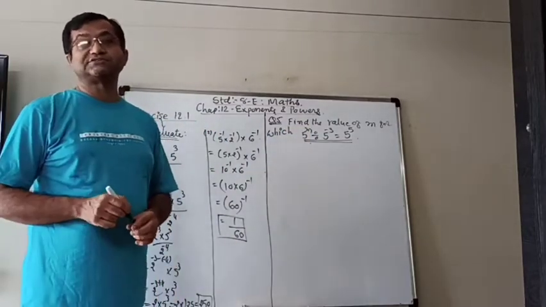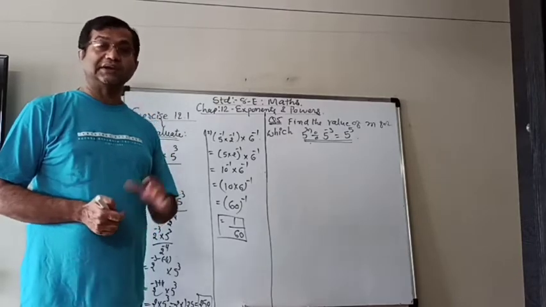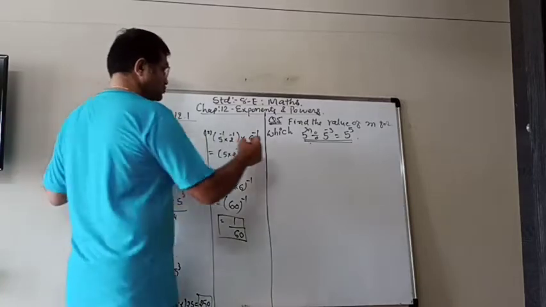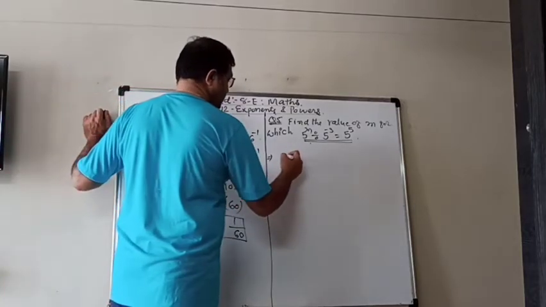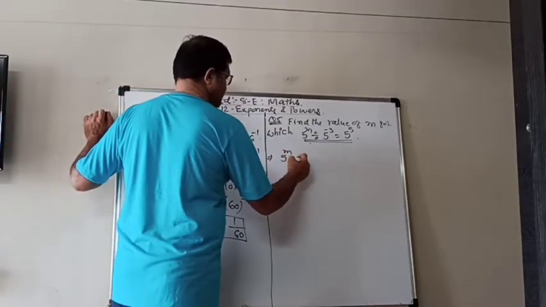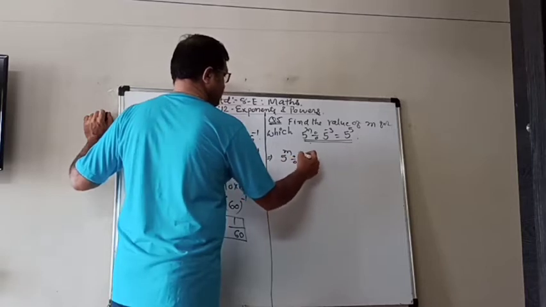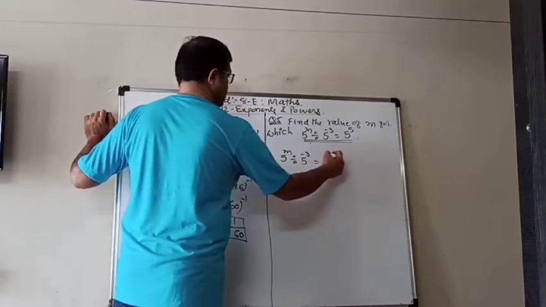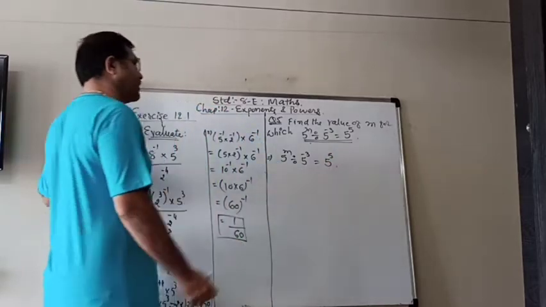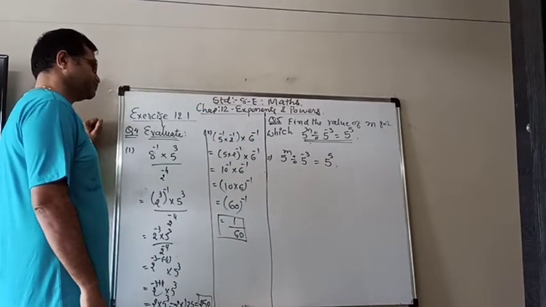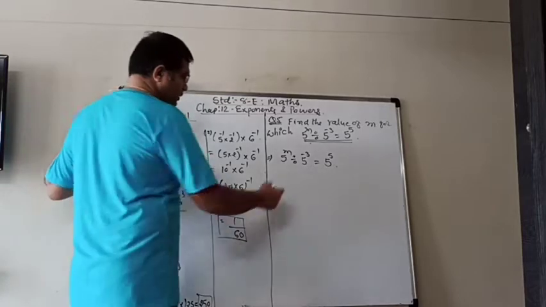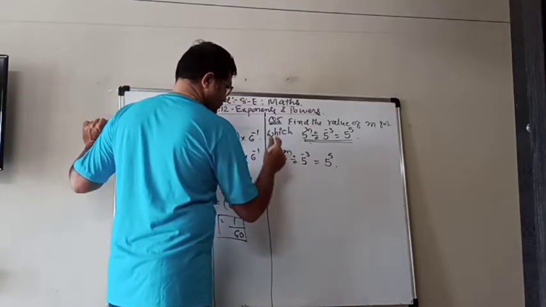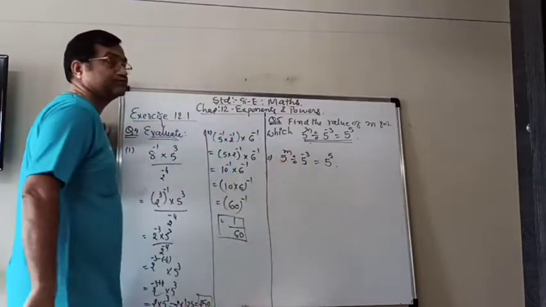We can use these laws that we learned in the last video. So first we will write down the relation given. 5 raised to m divide by 5 raised to minus 3 equals 5 raised to 5. So here bases are equal and there is division.